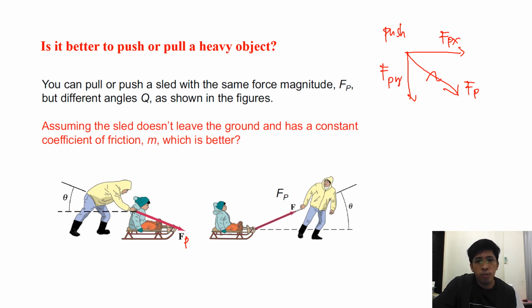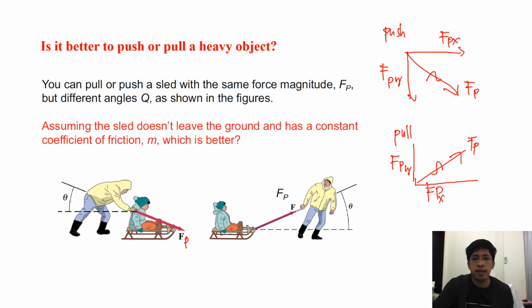If you're going to pull, so you have here your Fp, and then you can resolve this one. So you have here your Fpy, and then you have here your Fpx. Now what's different with these two forces is your y components. You have here your Fpy, and then you have here your Fpy for your pulling.